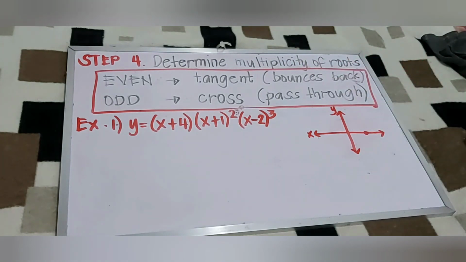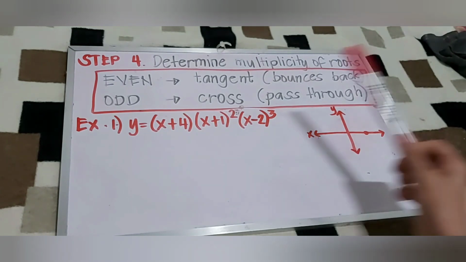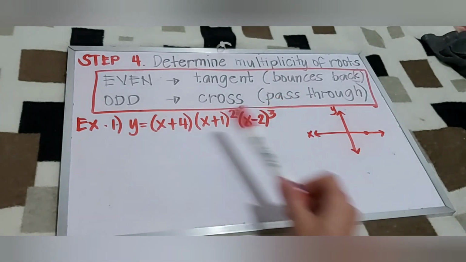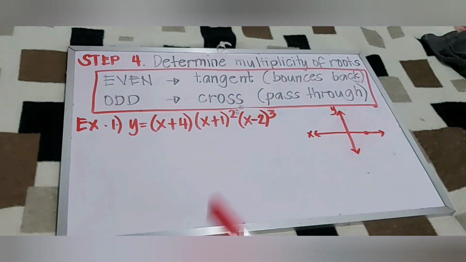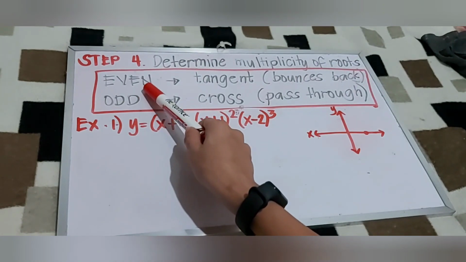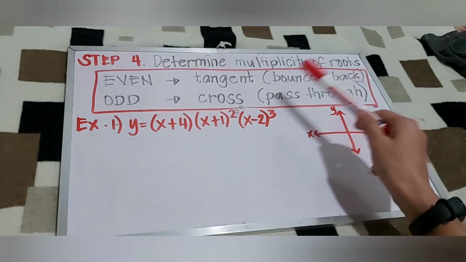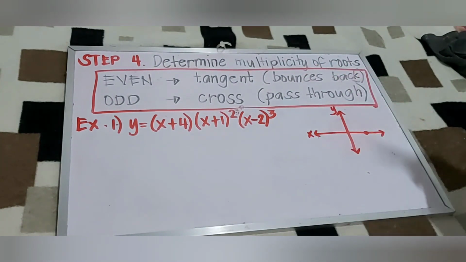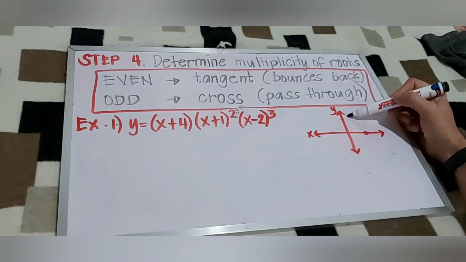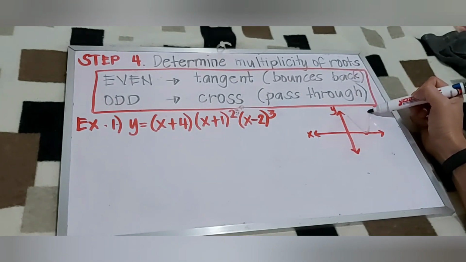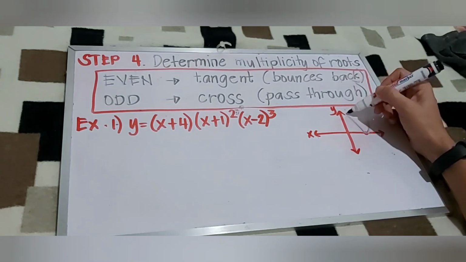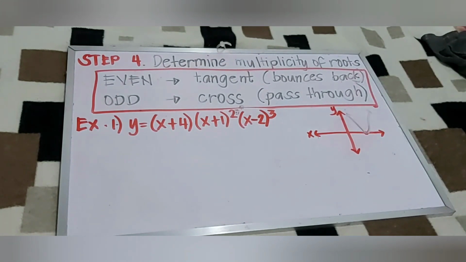Multiplicity of the roots refers to the exponent of the factors where you get that root or x-intercept. So when the multiplicity of our root is even, the graph is tangent at the x-intercept, or it bounces back. For example, if our graph is here, it will just bounce back. It will not cross the x-axis. It bounces back upward, or if it comes from below, it goes back downward.